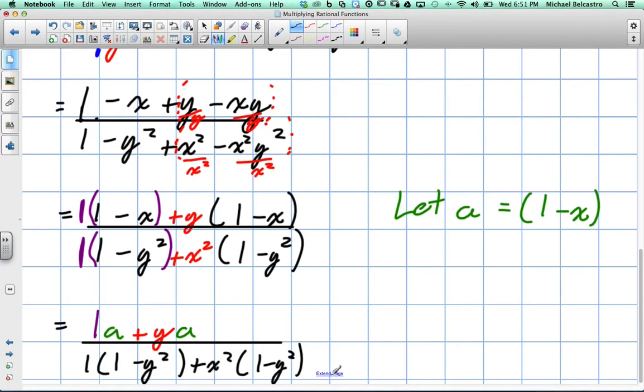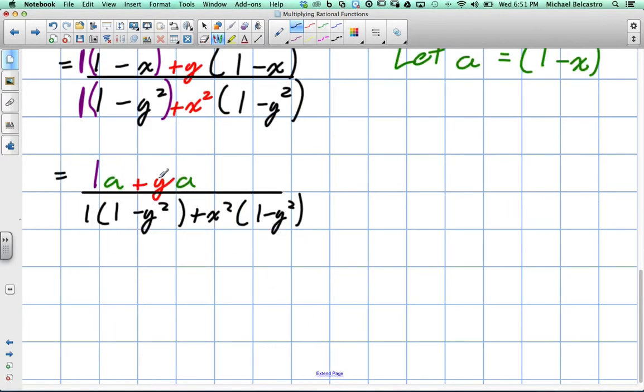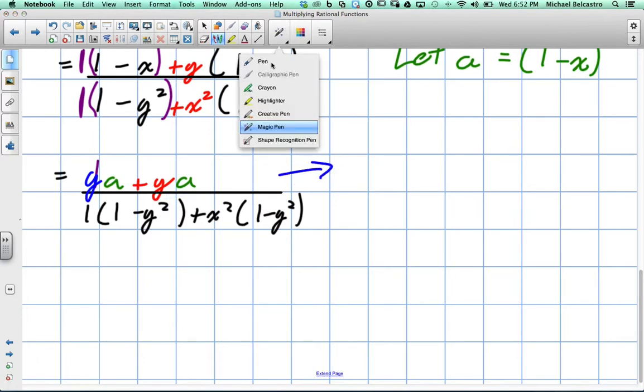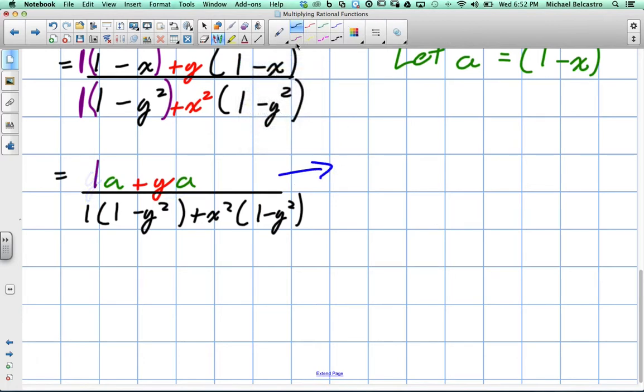Okay, well, I could technically combine these two terms here. They both have an a. If this had been a y, it would be like 2y. What we're going to find out here is I can combine these to look like this, and I'll see if this idea makes sense to you. If not, I'll go a little more in depth. But I can write this as 1 plus y times the value of a.